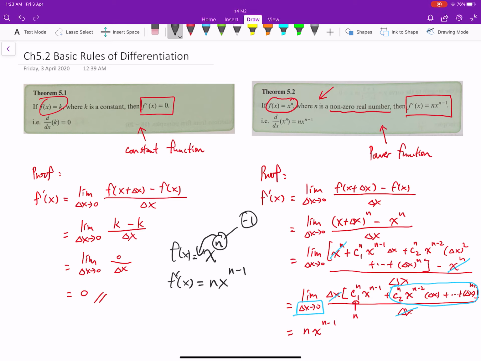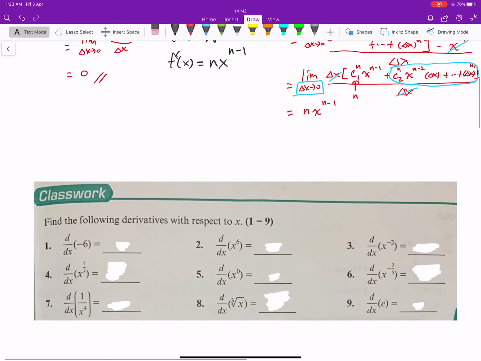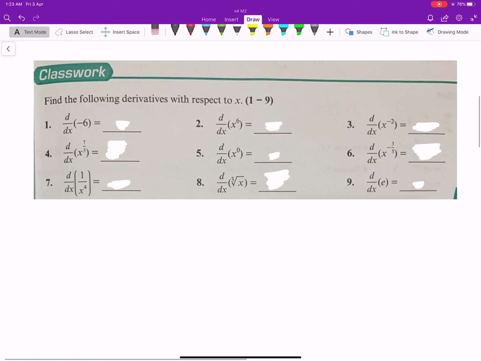Just remember: you put the index in front of the term, it becomes the coefficient, and then you minus 1 from the index. Here we will quickly go through some questions.